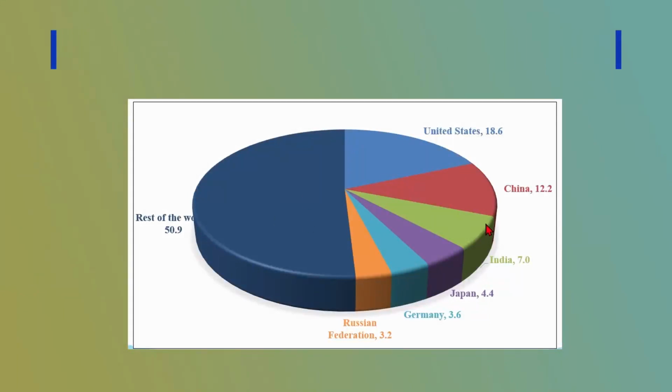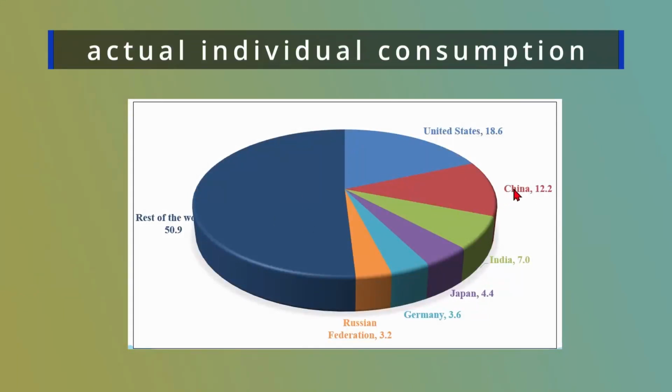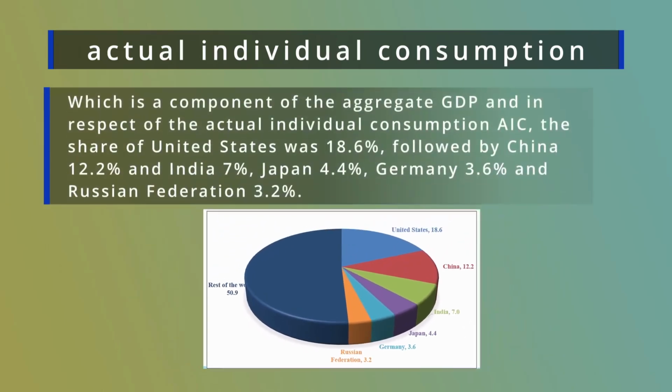This figure helps us to understand the relative position of the 6 largest economies in the world in respect of the actual individual consumption, which is a component of the aggregate GDP.